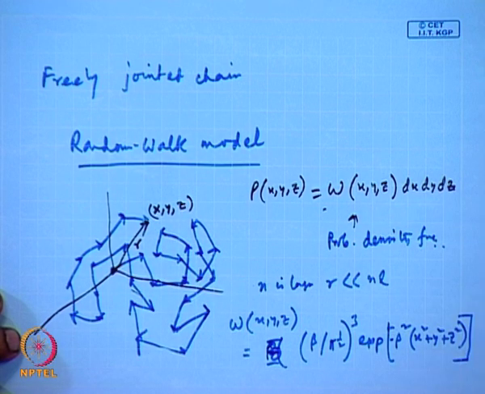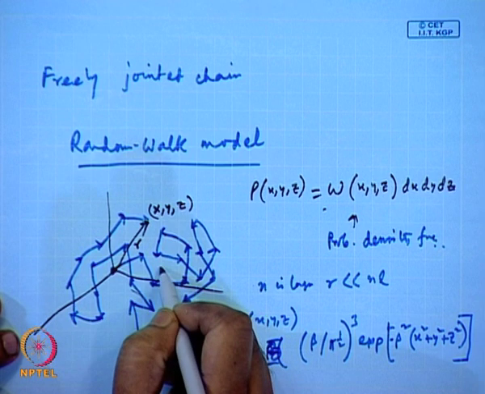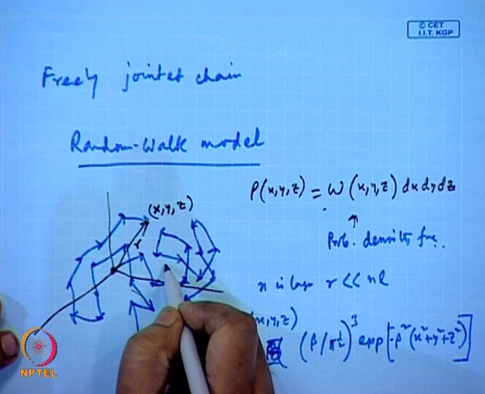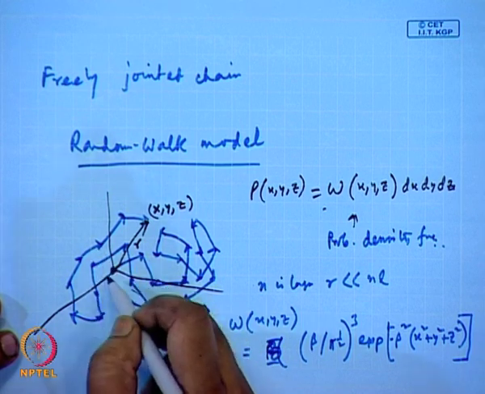Now, there could be other points which also have the same distance r. We can have other values of r across these 3 coordinates.